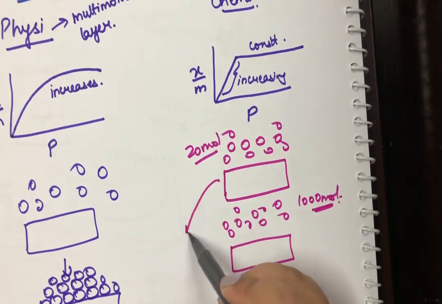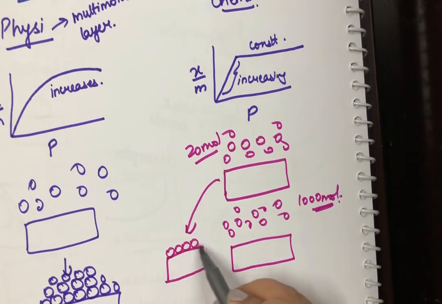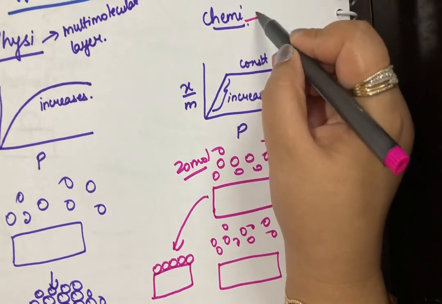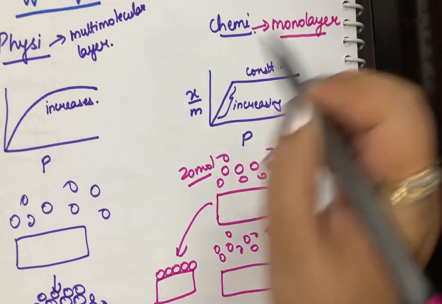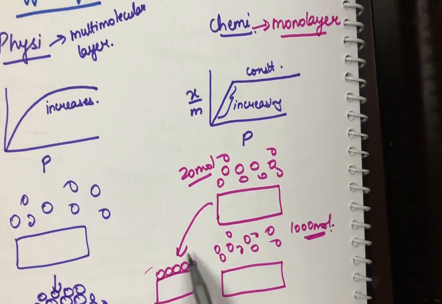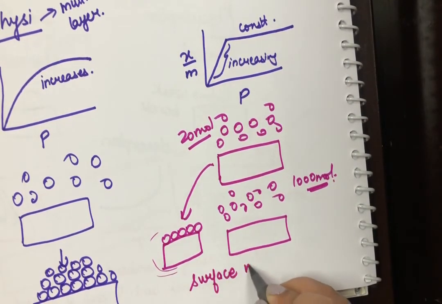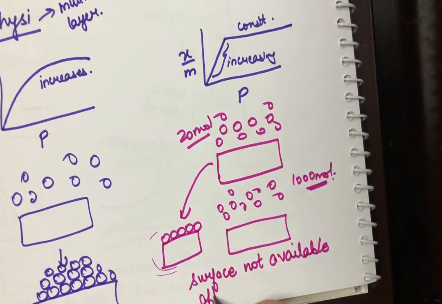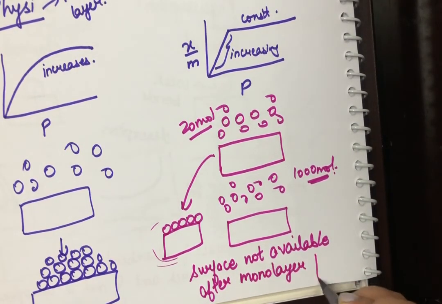What will happen when this was 20 ml? You have increased the pressure and the molecules have got adsorbed. Now you remember chemisorption forms only a monolayer. So once the surface is entirely covered with one monolayer, the surface is not available after monolayer formation.